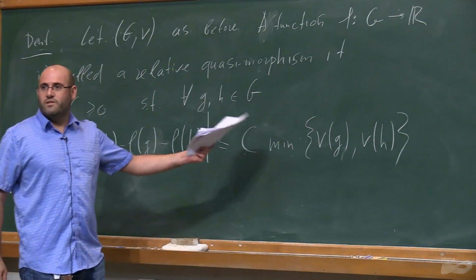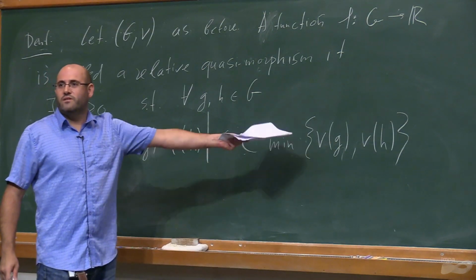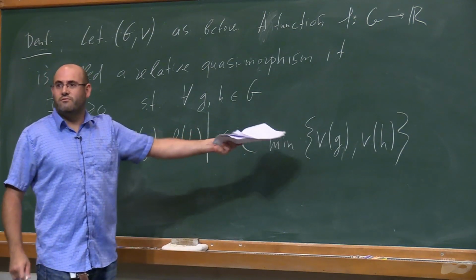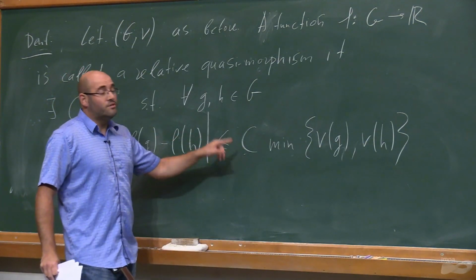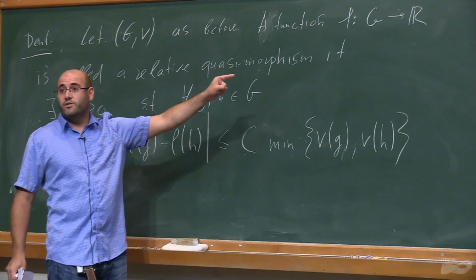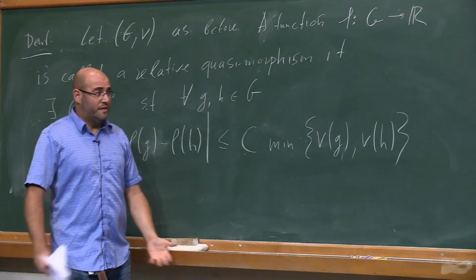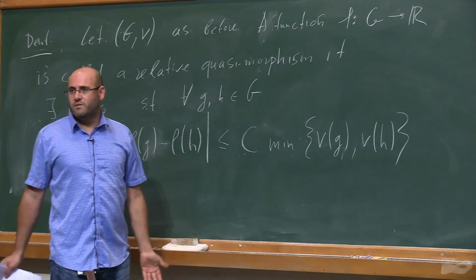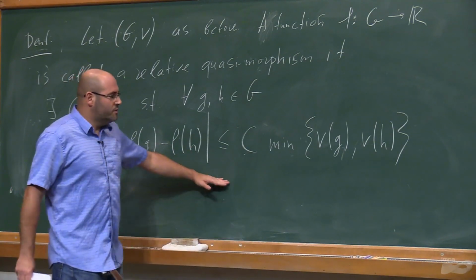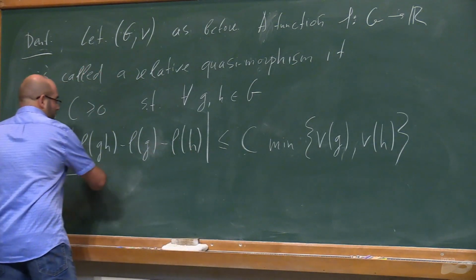And probably you've seen this definition in several places. Certain spectral invariants satisfy this condition, and sometimes they actually satisfy it with respect to certain fragmentation norms. Of course, fragmentation norms you can define with sets that can be completely different, not only balls. You can talk about displaceable sets and so on, right? So this is a definition of a relative quasimorphism.